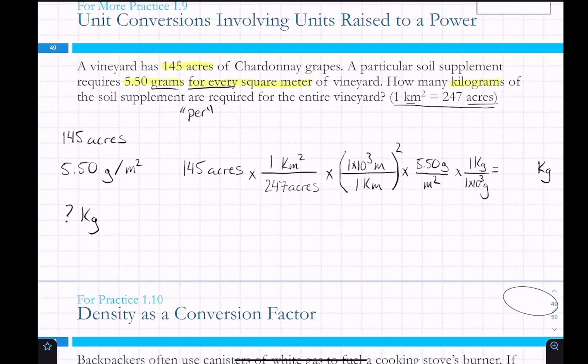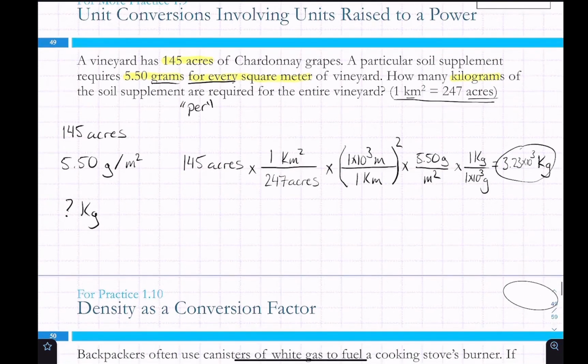And so this farm plot is going to require 3.23 times 10 to the 3 kilograms of soil supplement with the correct sig figs. And again, we don't have all exact conversions here. This is not an exact conversion, and this is not an exact conversion, but it's okay because the number of significant figures here matches that of our initial number.